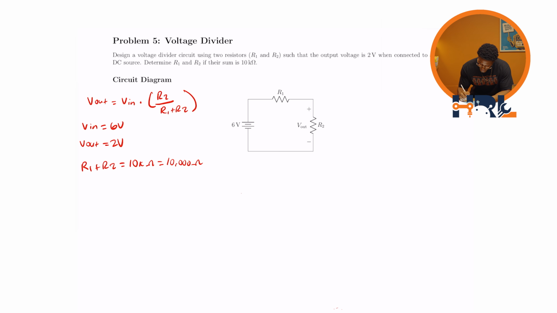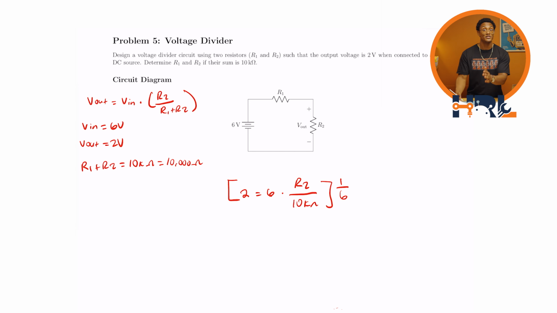You'll see. So we have 2 is equal to 6 times R2 divided by 10 kiloohms. So if we keep it with 10 kiloohms, that means our answer is going to have 10 kiloohms in the answer. So now if we multiply by 1 over 6, which is the equivalent of dividing by 6, we're going to cancel out the 6 on this side and move it to the other side.